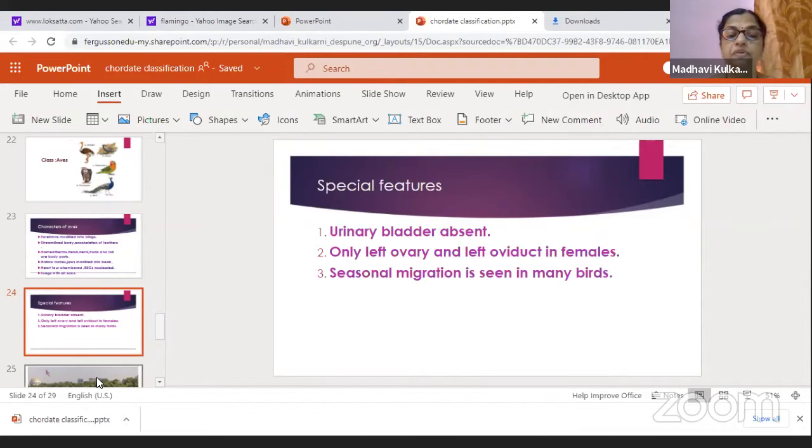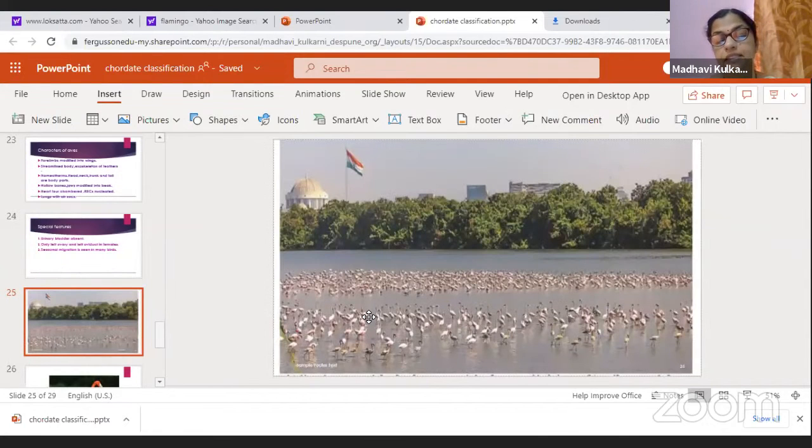I want to show you this picture. This picture I have taken from yesterday's Lok Satta Mumbai supplement, and this picture is taken from the Vashi Creek in New Mumbai, Vashi area, and this is a creek area, and this is the best season where thousands of flamingos have come.